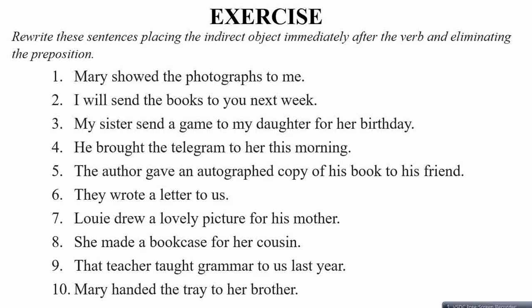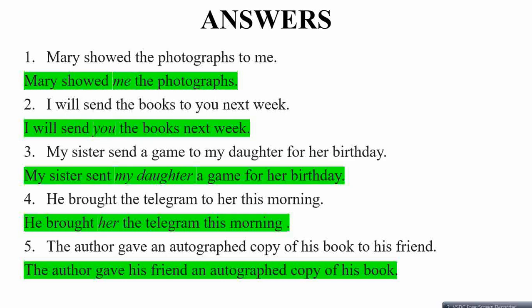So for those who are done with the answers by now, we can jump straight into the answer sheet. Starting with the first one: Mary showed the photographs to me. The direct object is followed by a preposition and then the indirect object comes. So now we have to omit the preposition to, and place the indirect object me first.